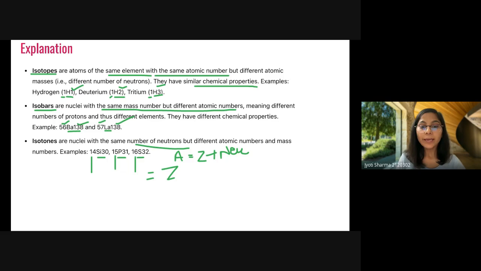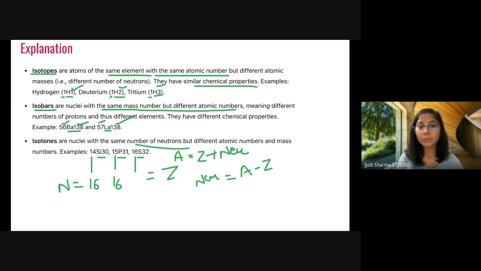So if you calculate, the neutron number is nothing but your atomic mass minus proton, or your atomic number. So what you will do, 30 minus 14, this is giving you 16, and this 16 is nothing but the neutrons, right? 31 minus 15, this is also giving us 16.